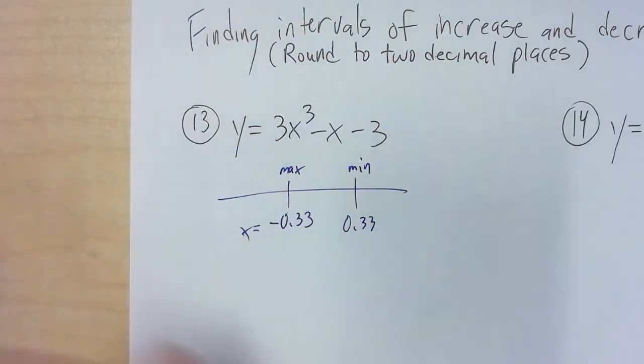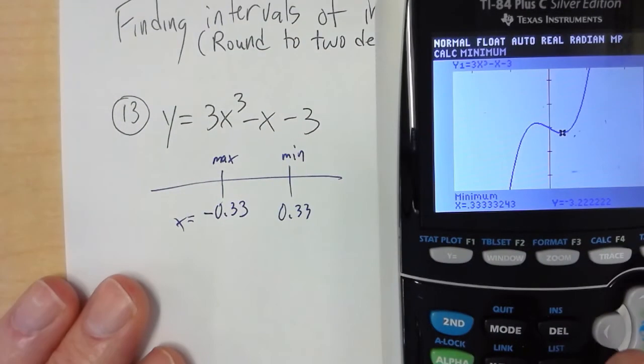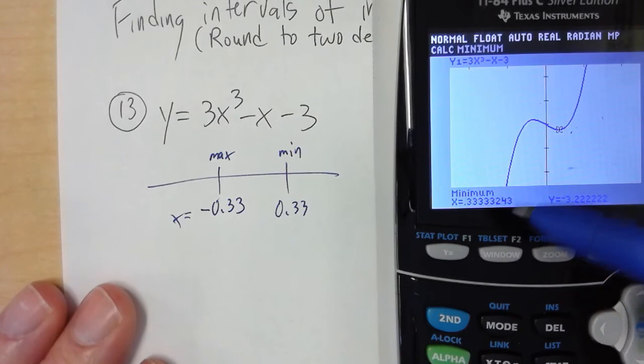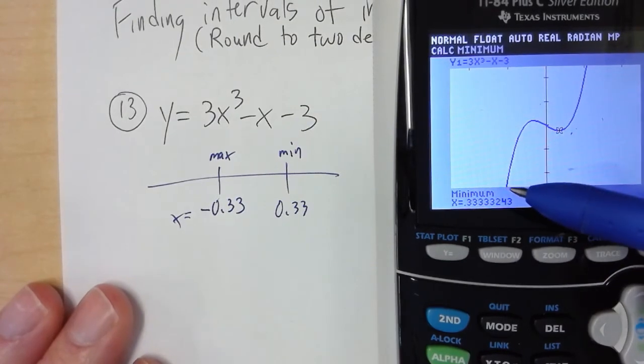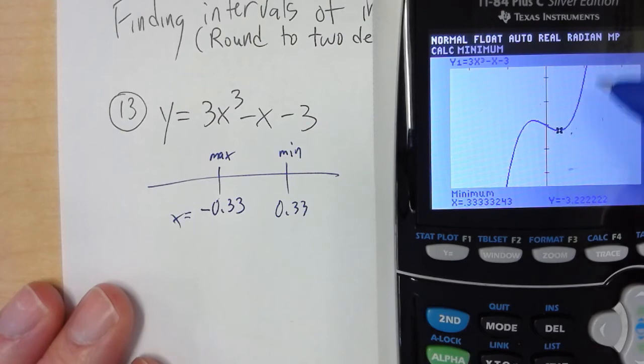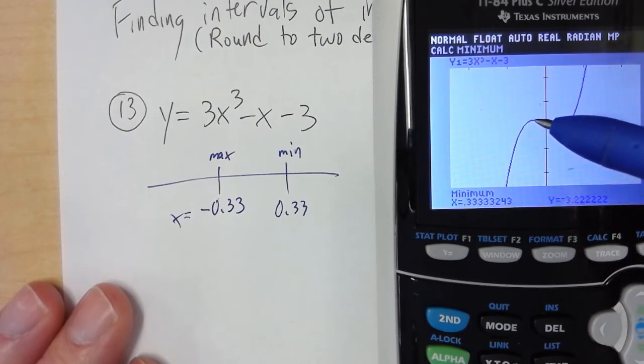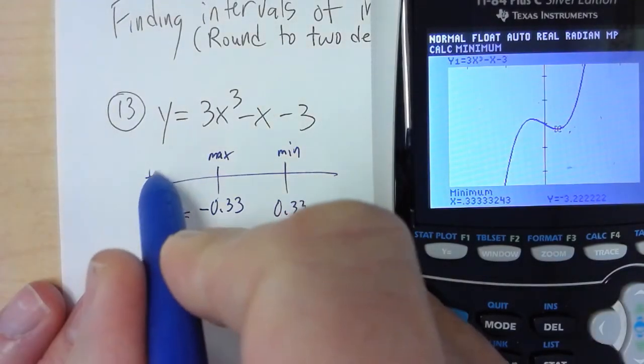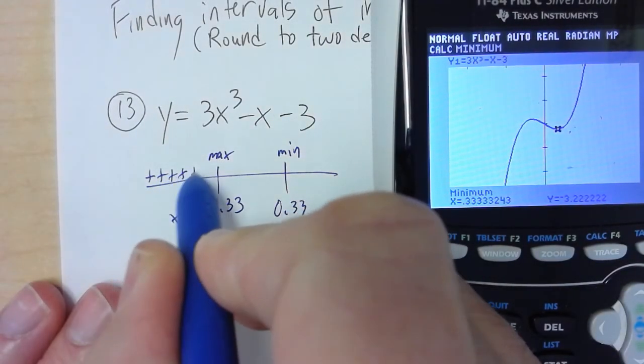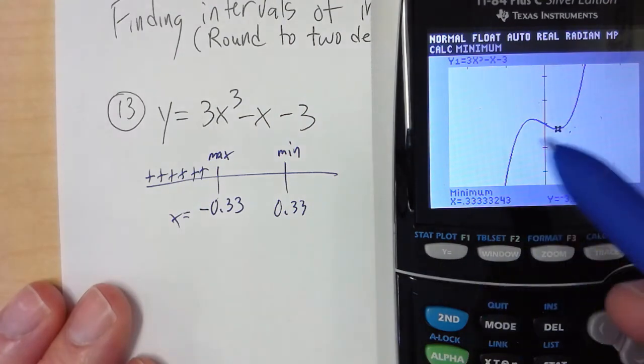Okay, so what's happening here is we're on a roller coaster, right? So we're going to go on the roller coaster. Roller coaster only goes from left to right. So we go like this. So we go up, up, up. So this is positive, positive, positive, positive. It's going up. It's increasing, right? And then what happens between those 2 points?